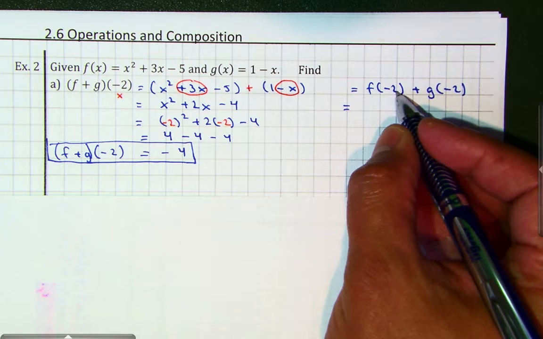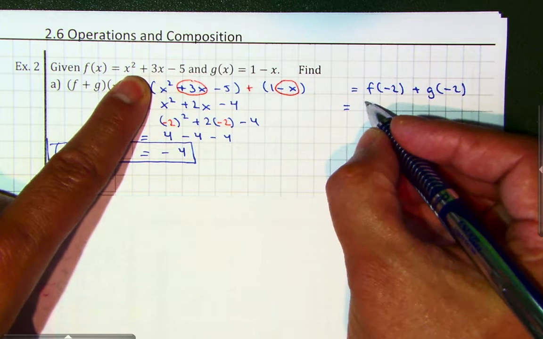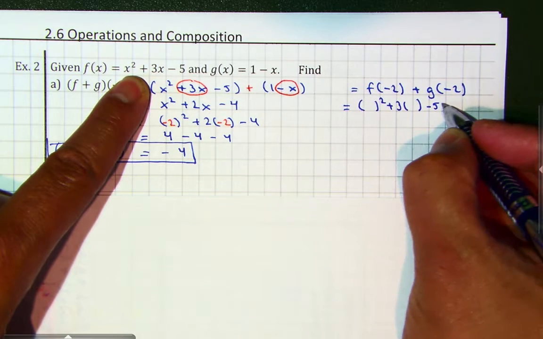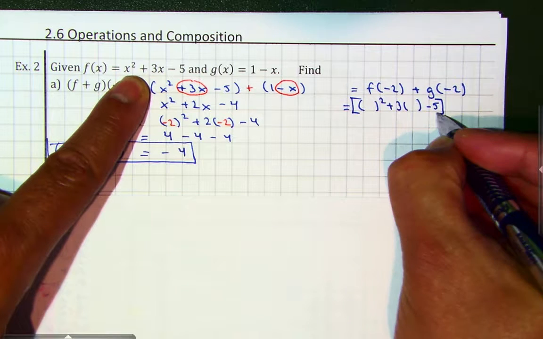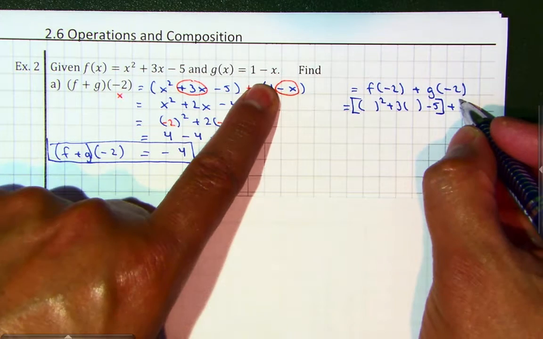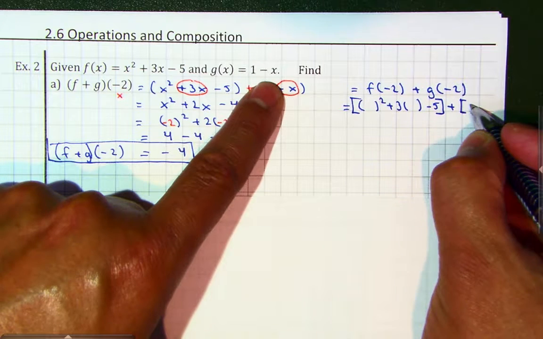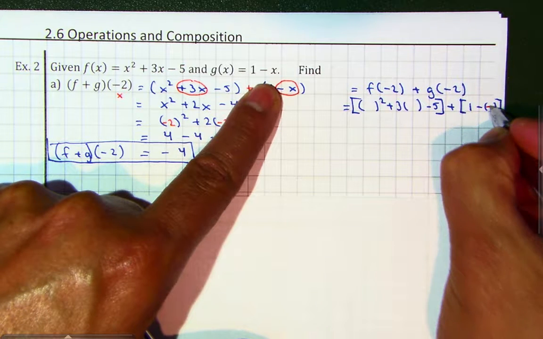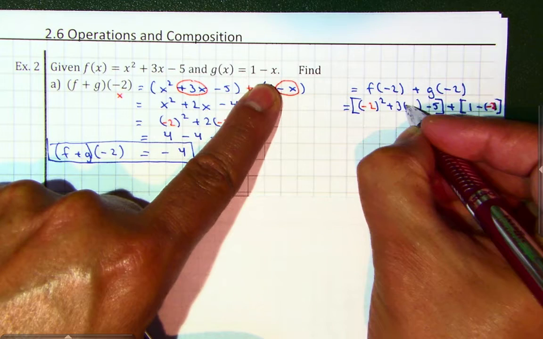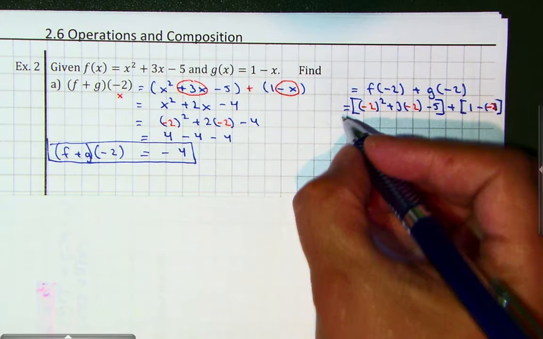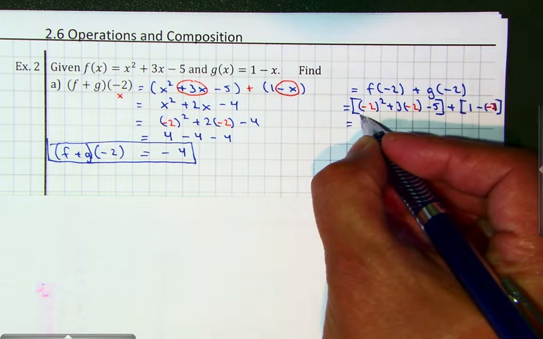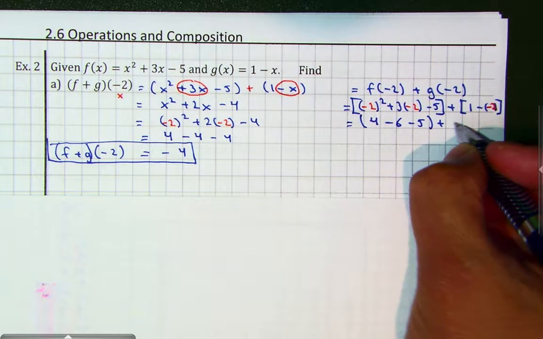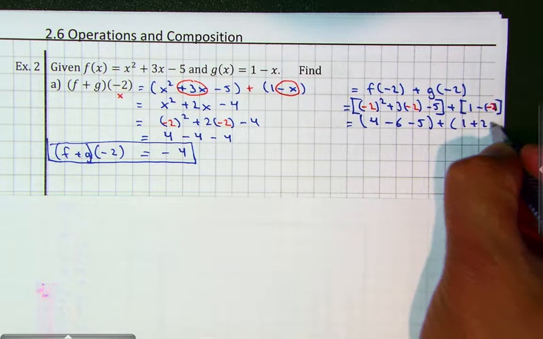Plugging a -2 into the f function, x squared plus 3x minus 5, and whatever I get, I'm going to add to my g function, which is 1 minus x, with x as -2. Simplifying this gives me 4 minus 6 minus 5 plus 1 plus 2.